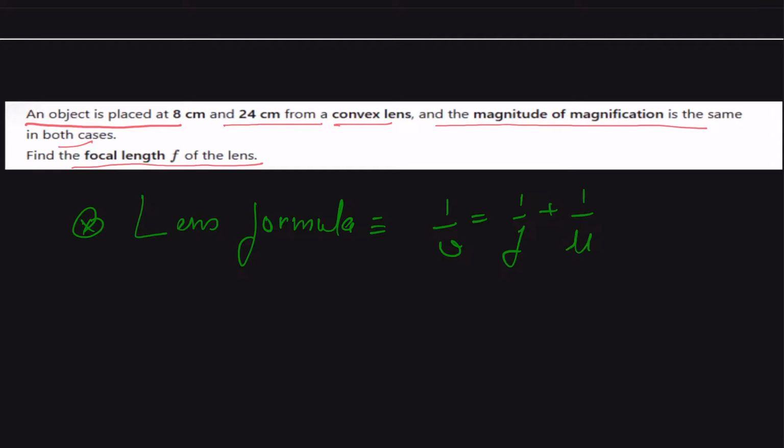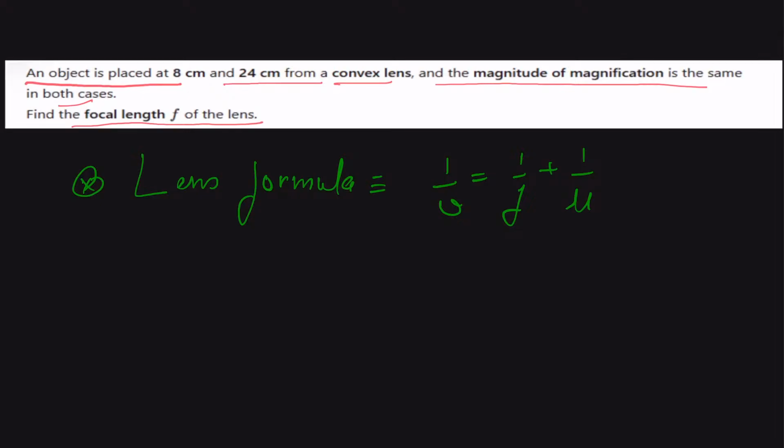And our magnification, we know the standard formula that m is equal to v upon u. Therefore, based on this, we can also write that v is equal to u times the focal length divided by u plus focal length.